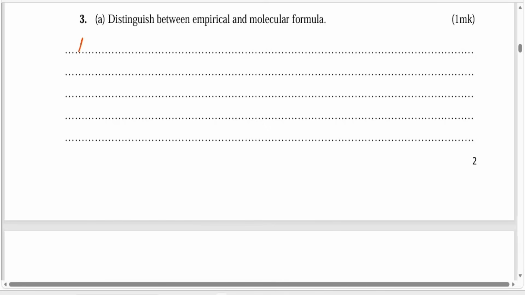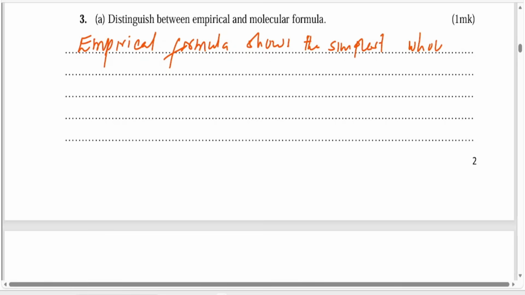Empirical formula, learners, empirical formula shows the simplest whole number ratio in which elements exist in a compound.